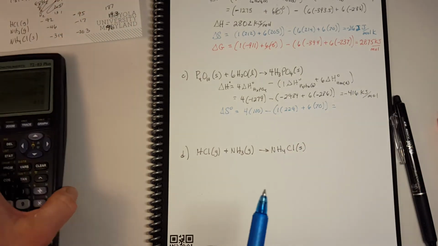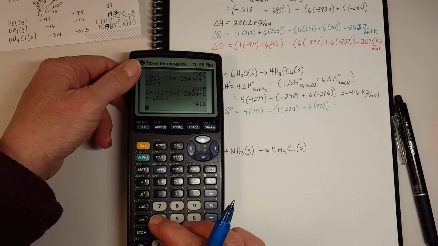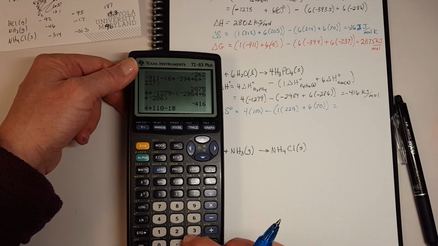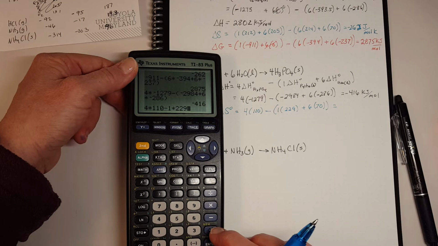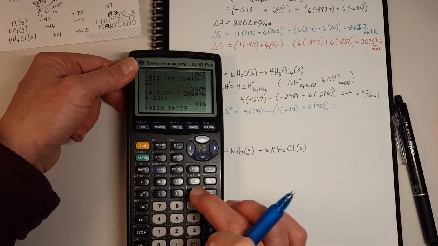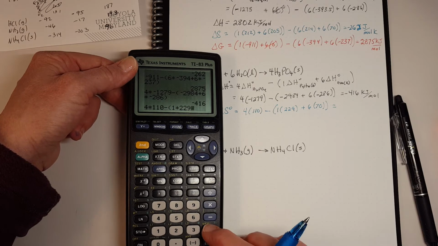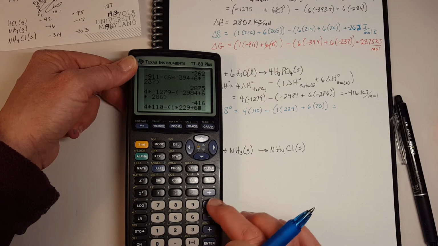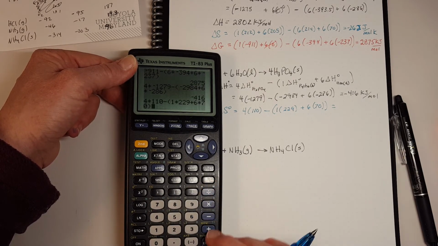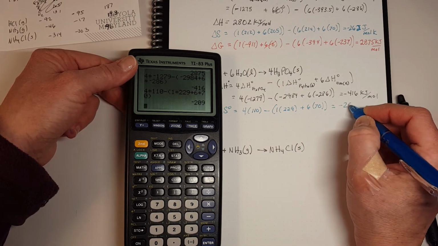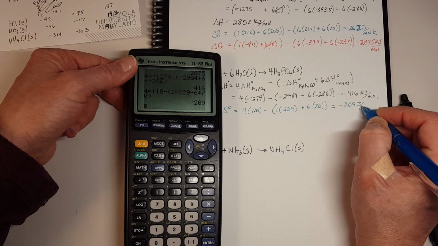And so when we do that on the calculator, we get 4 times 110 minus, in parentheses, 1 times 229, which of course I don't need to do, but 6 times 70, in parentheses, and I get a delta S of negative 209 joules per mole Kelvin.